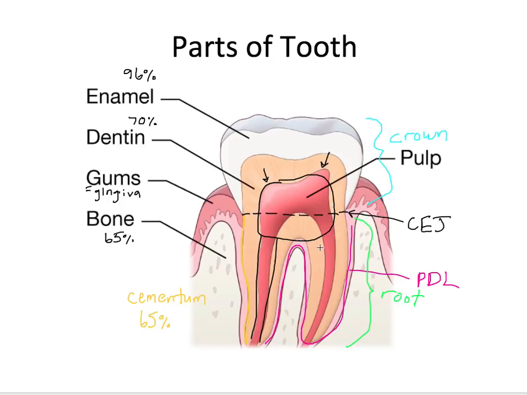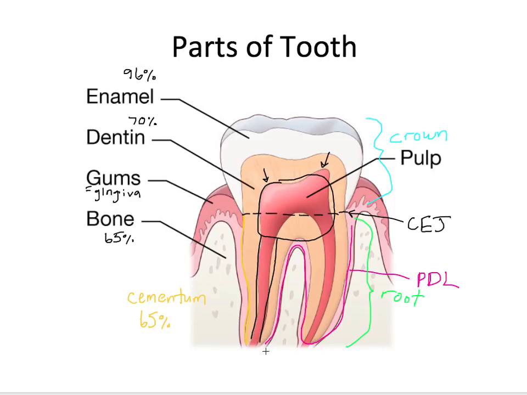And it just turns out in this picture, in an ideal situation, the anatomic and clinical crown are the same, and the anatomic and clinical root are the same. But again, I can cover this more in another video.